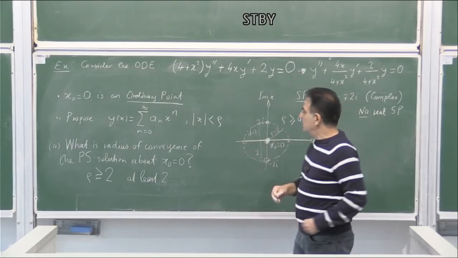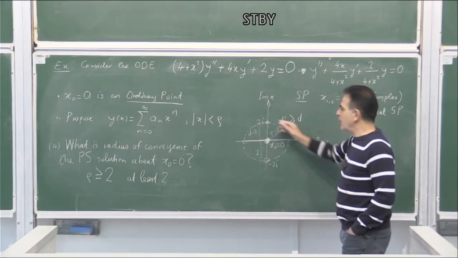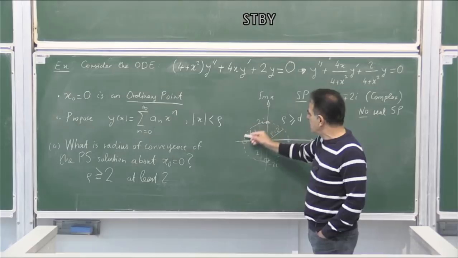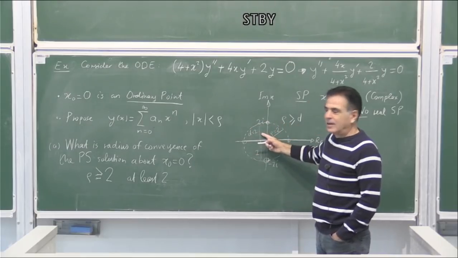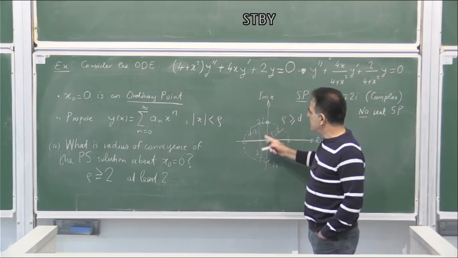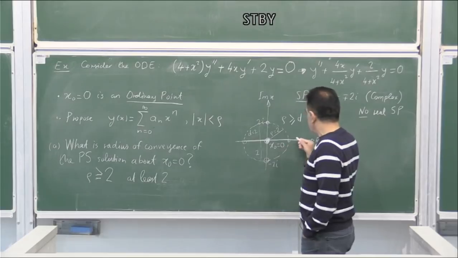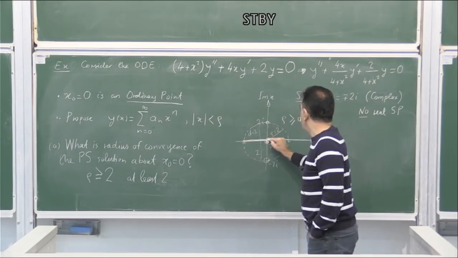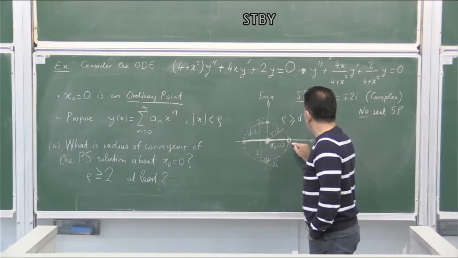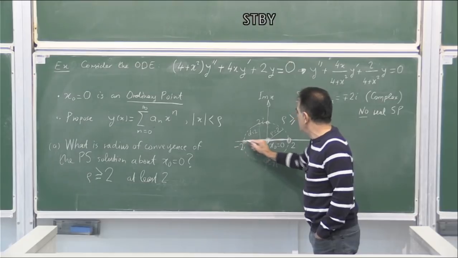Perhaps in a larger region, but at least in this disk, for any complex number lying in this disk, the power series is convergent. But we are interested in the real cases, in the real x interval. So clearly here is the point 2, here is the point -2.